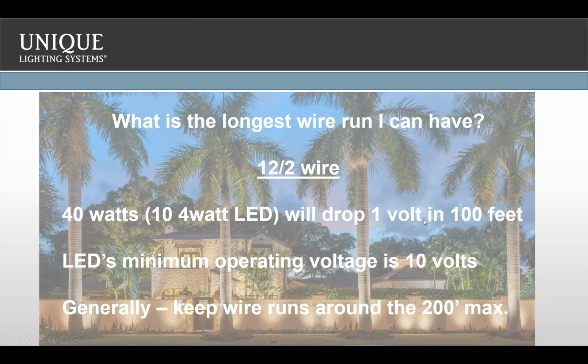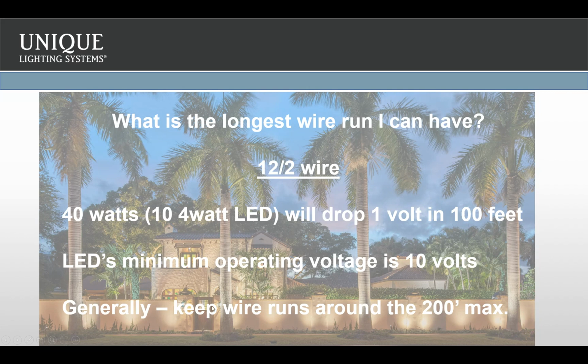So if I'm at 12 volts at the transformer, by the time I get 100 feet away, I'll be at 11 volts. Now, our LEDs' minimum operating voltage is 10. So I can drop all the way down to 10 volts, and those fixtures will still operate. If I go below 10, they'll start to dim. So at 10 volts, they'll stay the same brightness as if they were at 12.